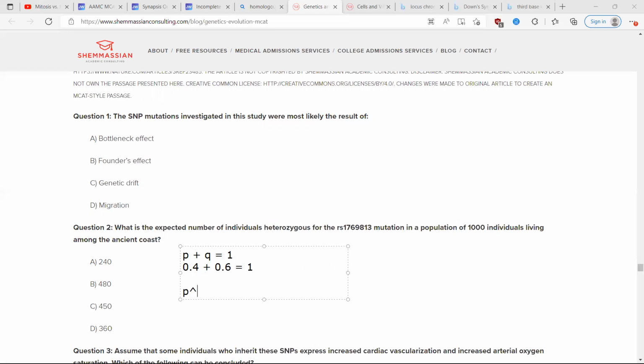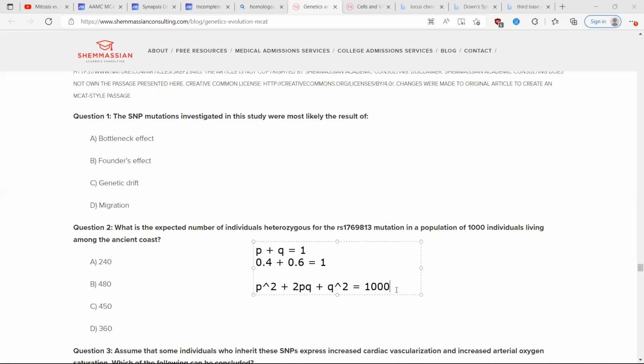Now P squared plus 2PQ plus Q squared is going to give me 1,000. That's my population, right? Now, hold on, I haven't done this in a while, so I'm just going to try this and see if it works. We'll see. P should be 0.4 squared, whoops, squared plus 2.